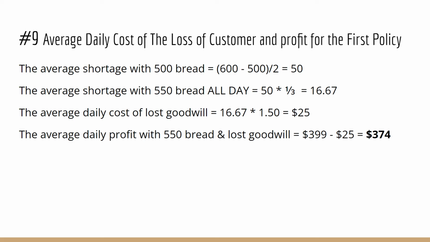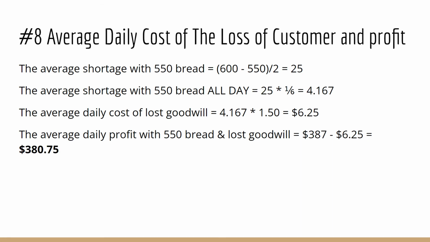And the last question is asking the average daily cost of the lost goodwill and the profit for the first policy. We're just doing the same steps all over again as we did for question 8.